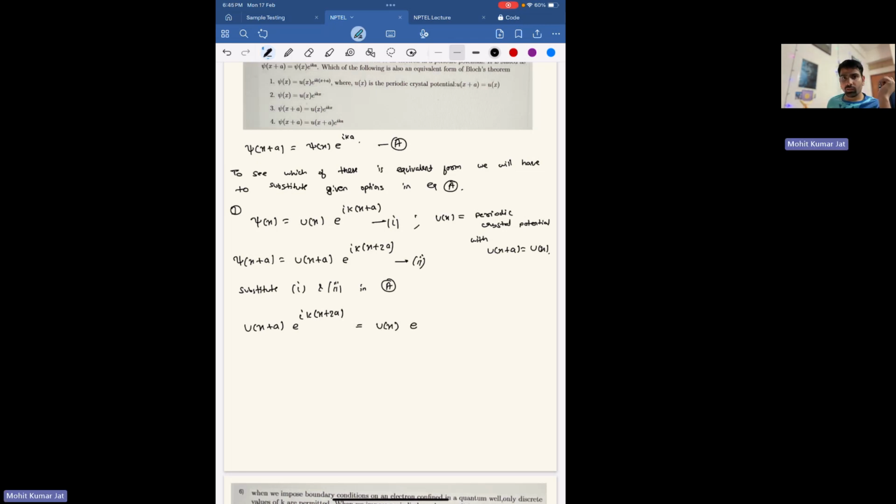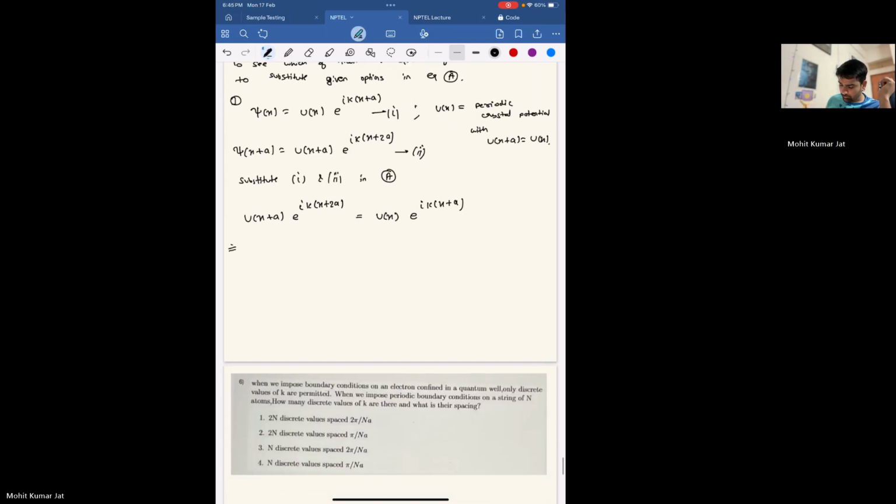times e to the power i k times x plus a. It's given that u of x plus a is u of x, so I can replace this. I will write u of x e to the power i k times x plus a, times e to the power i k a, equals u of x e to the power i k times x plus a.